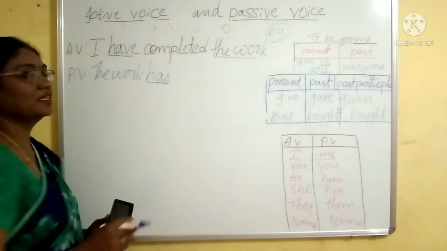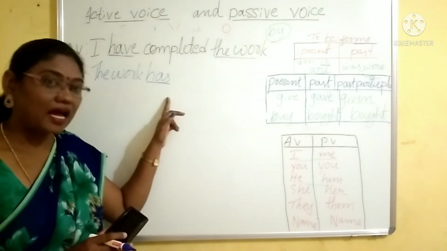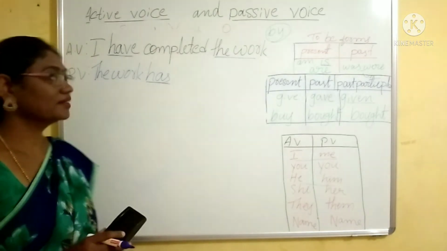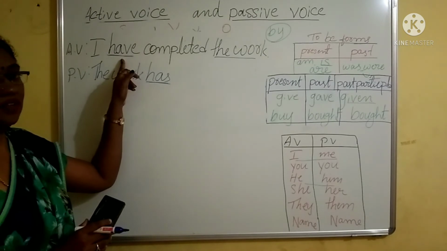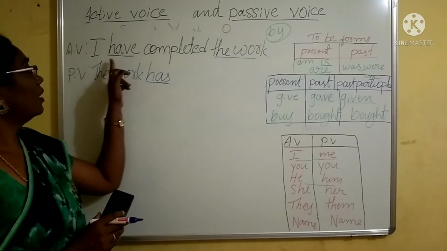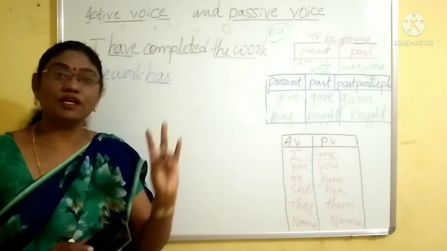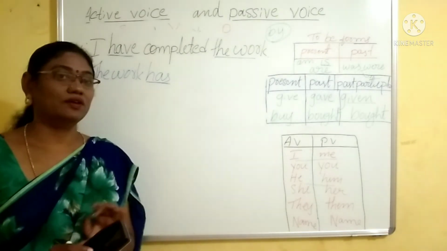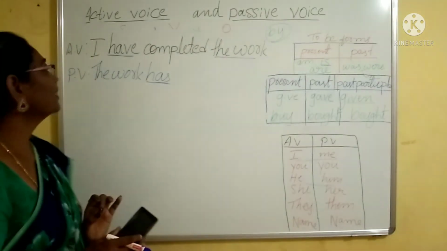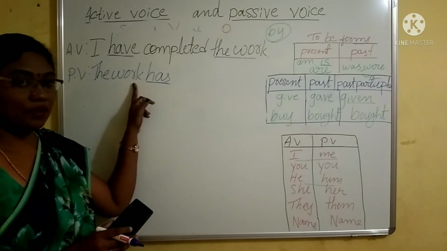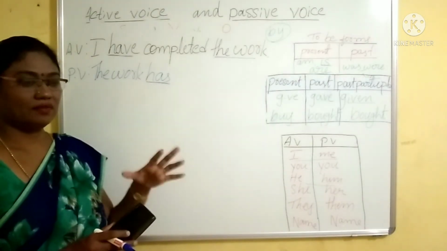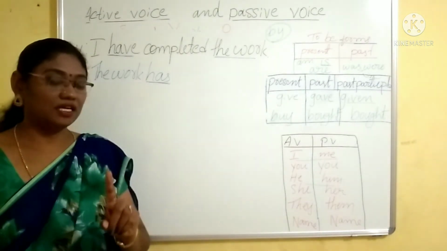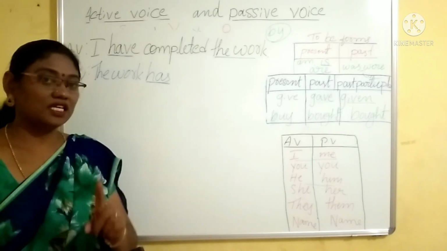So here the subject is singular, that is why I used has. This is also to be remembered. I have. We all know about this. We use have with I, you, they, we, as per subject-verb agreement. But here the work indicates a thing, and it represents singular.